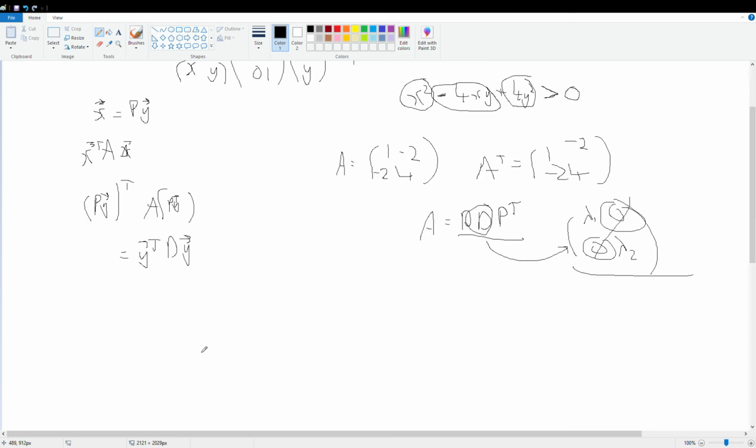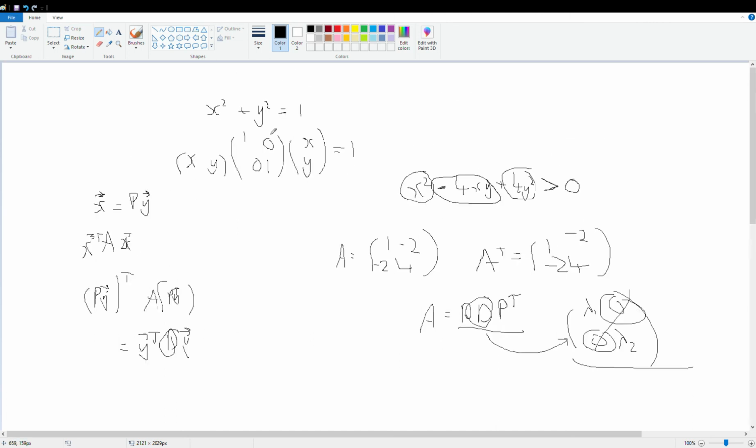And D is just our eigenvalues. So if we find the eigenvalues and eigenvectors of the matrix we're trying to solve, we can create a diagonal matrix in the middle of the quadratic form that's much easier to interpret.